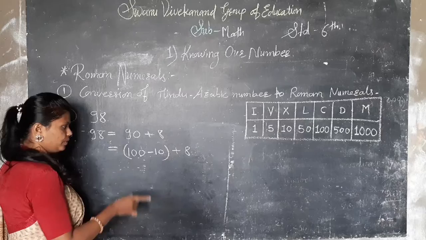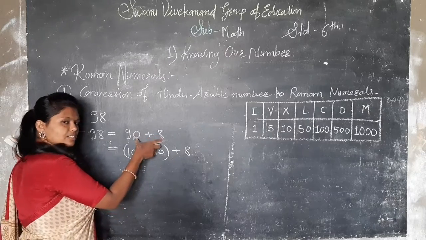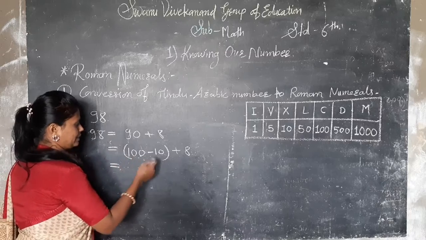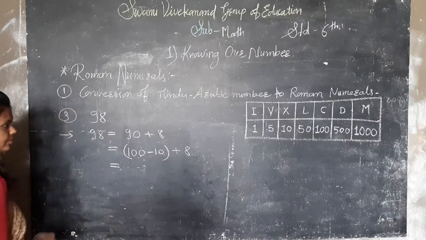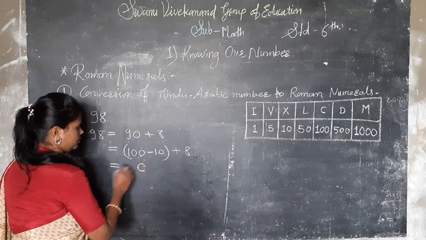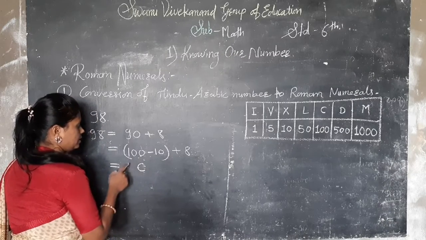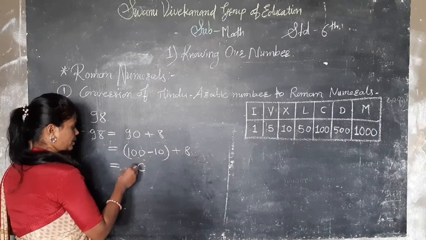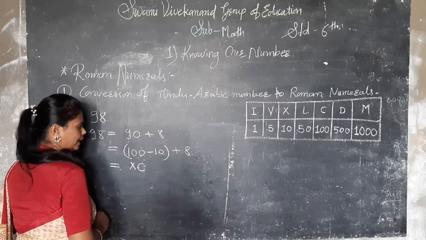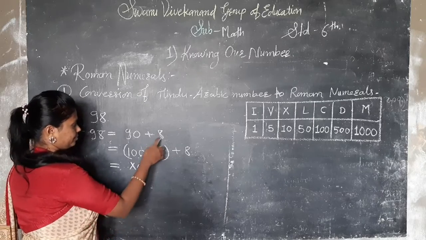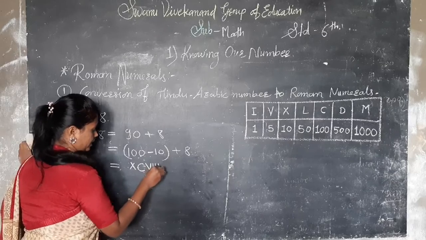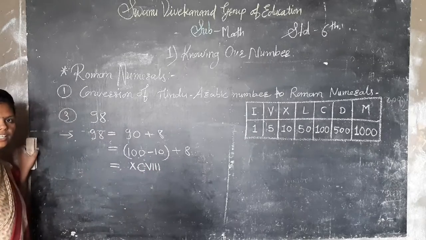If you have done this step at the first step, it is okay. So now 100 minus 10. 100 is C. For the subtraction, you have to write the smaller value towards the left, and plus 8. So this is the 98.